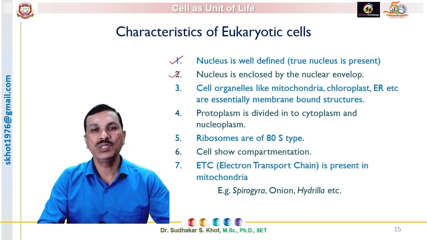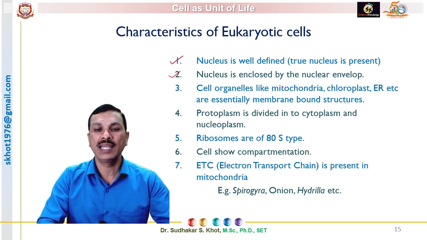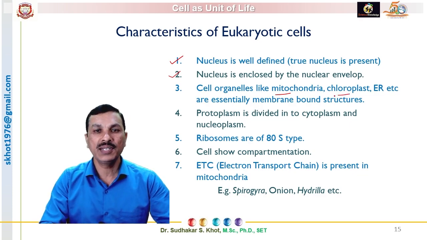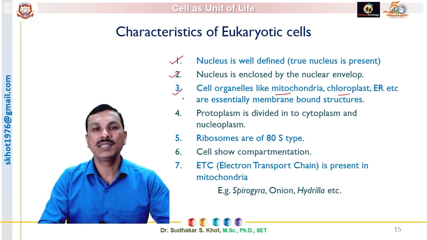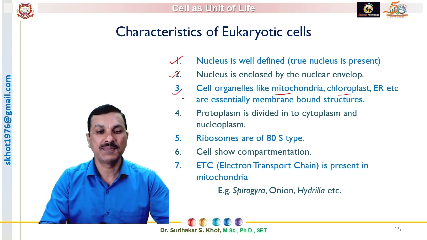In the next few videos, we will discuss the ultrastructure of the nucleus. Eukaryotic cells show the presence of cell organelles like mitochondria, chloroplast, endoplasmic reticulum, Golgi complex, etc. Such membrane-bound systems are present in the eukaryotic cell.